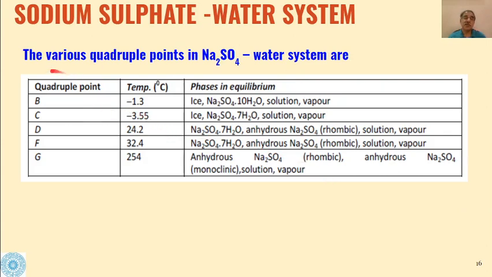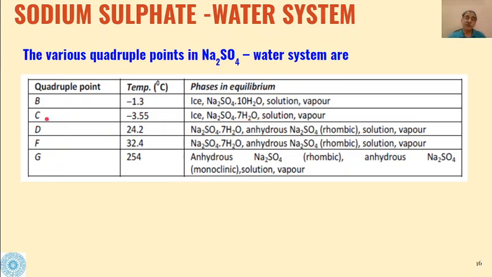So this table is for the different quadruple points: what is the temperature at each point and what are the phases in equilibrium for each quadruple point. At quadruple point B, temperature is minus 1.3 degrees centigrade, and phases in equilibrium are ice, sodium sulfate decahydrate, solution, and vapor.